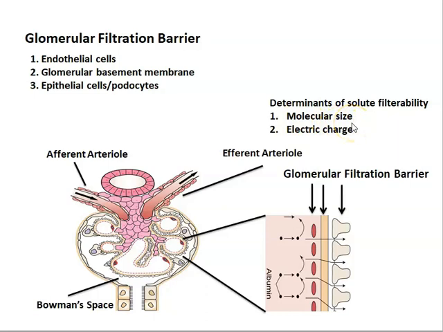Again, what is molecular size? Whether the molecule is large or small. Of course, smaller molecules are able to diffuse through the filtration membrane, and larger molecules will be unable to diffuse through it.